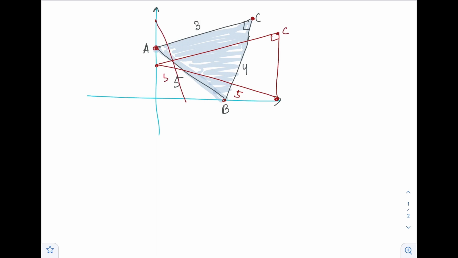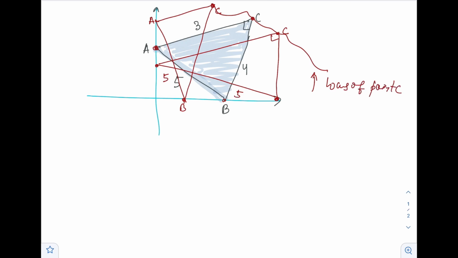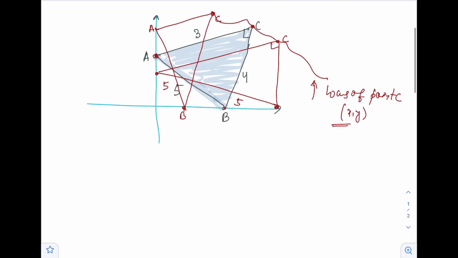For some other situations, if this ladder length is still fixed, and we take a snapshot at different configurations, this point C will try to move on some curve. We have to find the locus of point C, which means the relation between x and y coordinate of point C. So pause the video and try to think over this. It's a very beautiful problem.